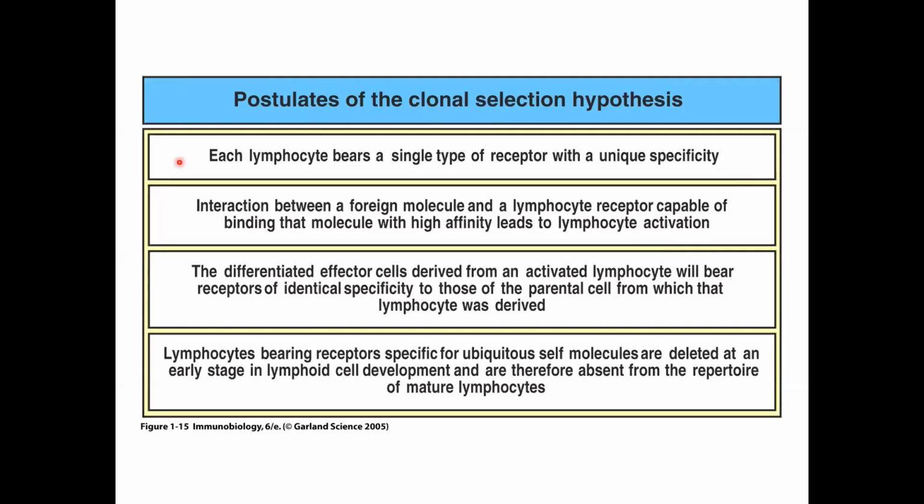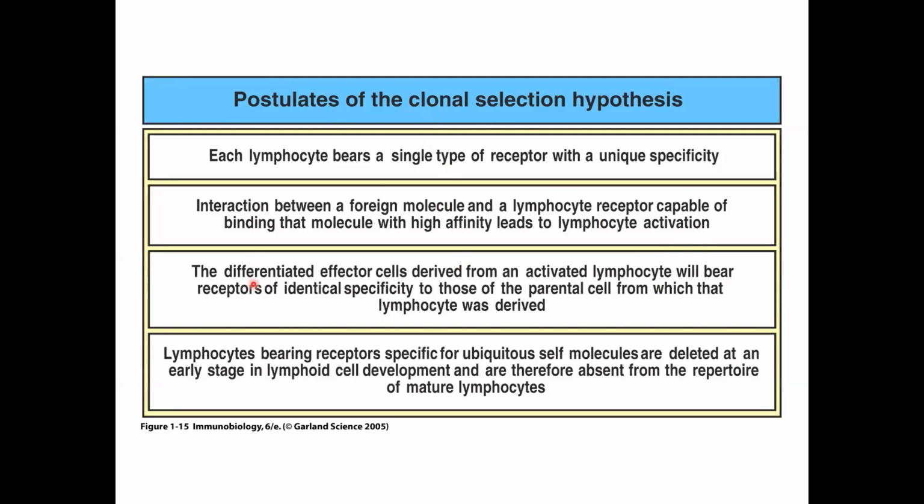And so he started thinking about how such a system must develop. And he had the idea, so he used the word lymphocyte and came up with the idea that each lymphocyte must bear a single type of receptor with unique specificity that can recognize a particular pathogen, and that an interaction between that foreign molecule of that pathogen and that lymphocyte receptor leads to the activation of that lymphocyte.